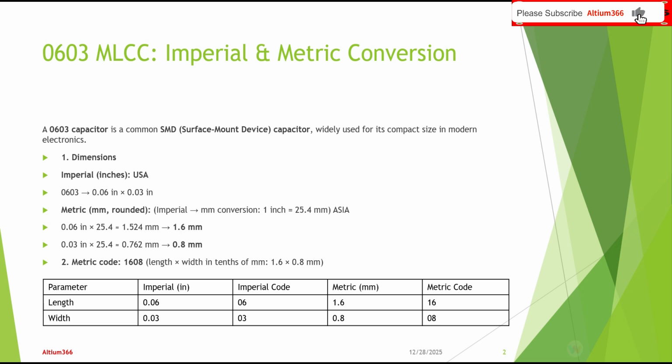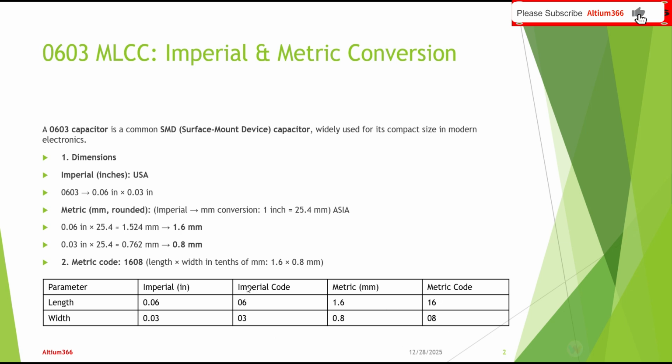This code comes from Imperial dimensions, where the capacitor body is 0.06 inches long and 0.03 inches wide. When we convert this value into the metric unit, it becomes approximately 1.6 millimeter by 0.8 millimeter, and that's why in metric naming the same component is called 1608.